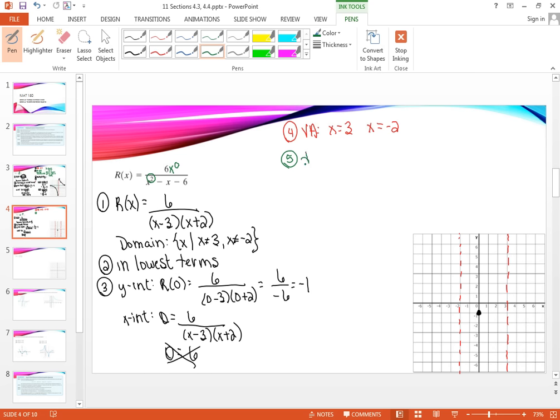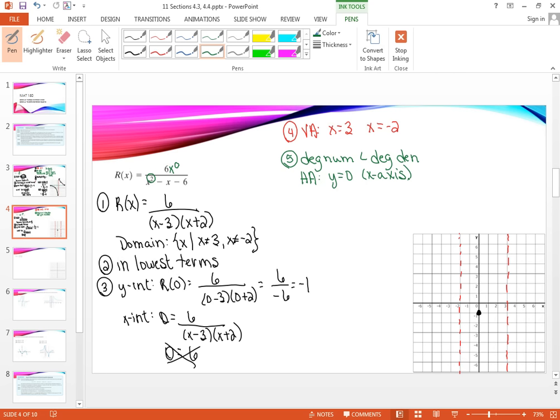So the degree of the numerator is smaller than the degree of the denominator. And our theorem told us that whenever the degree of the numerator is smaller than the degree of the denominator, that means that we have a horizontal asymptote at y equals 0, or the x-axis.